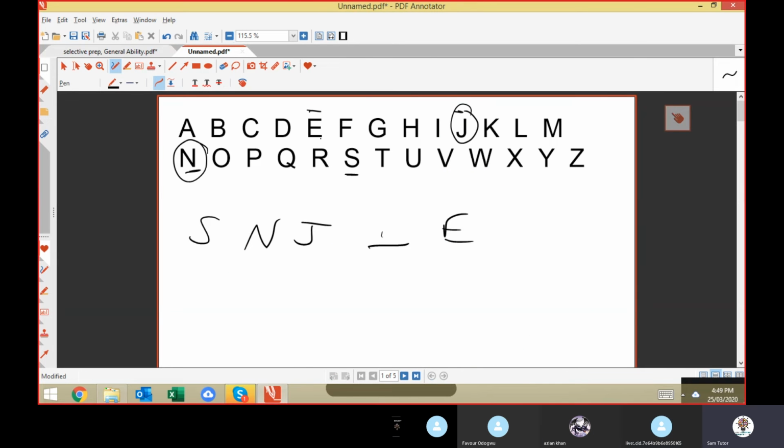I think it should be skip 3, skip 2, and then G. Skip 1, and then it's E. Let's look at that. Minus 4, minus 3, minus 2, G. Minus 1, and then you're left with E again.